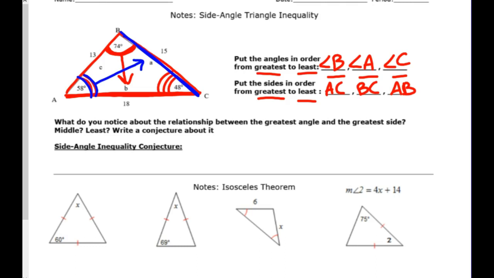We also have angle C right here, and side AB over here. And then what's their relationship? So each of these, from greatest to least, have a relationship in that they are across from each other.